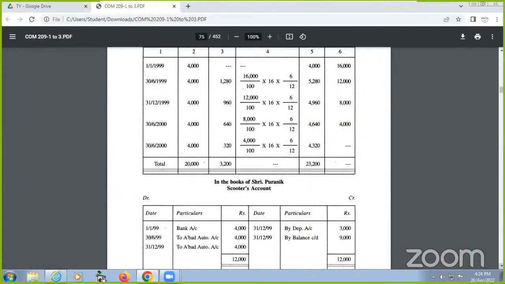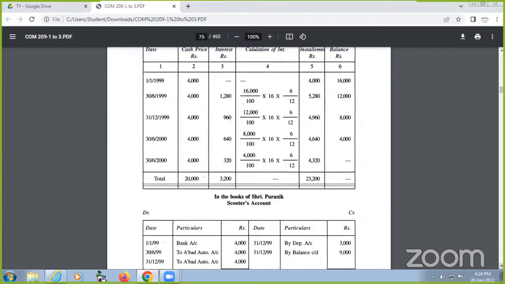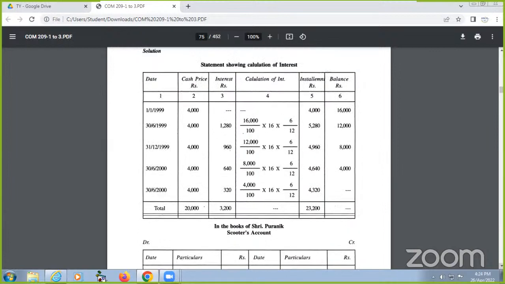If the cash payment, or the value of the asset, is not given, in that situation we can make the reverse calculation in our table.